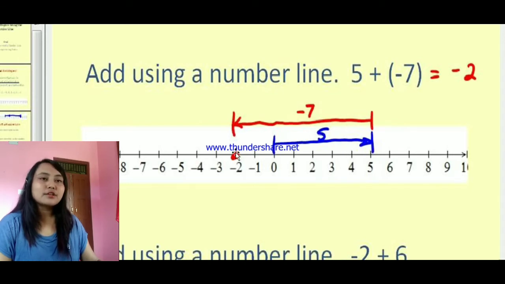Understood? Starting from the same 5, we count towards the negative direction up to minus 7, and it will end up at minus 2.